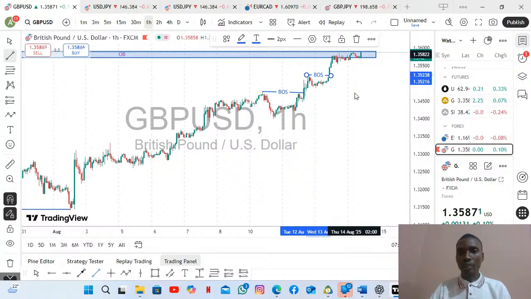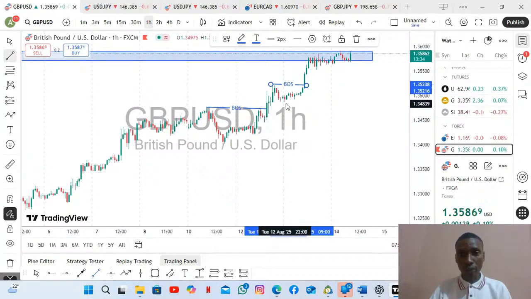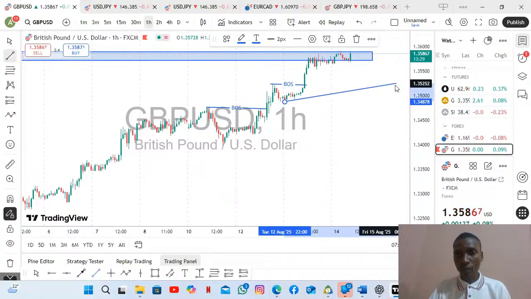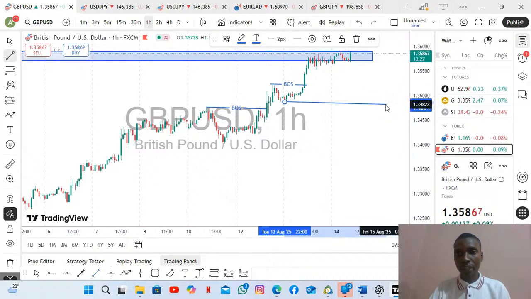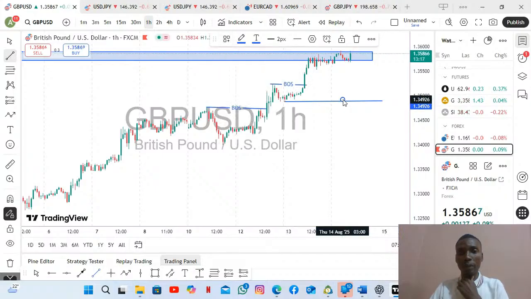So if we have to take a sell, we have to wait for price to come to this level first before we can think of selling. This is our protected low at this point. Price has to come to that level before we can decide we want to sell.